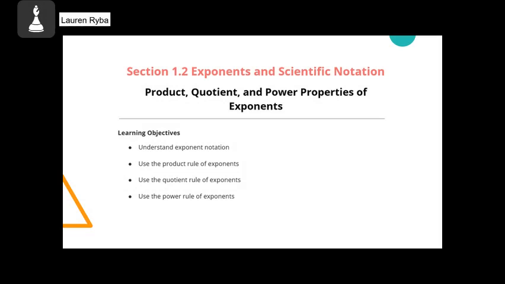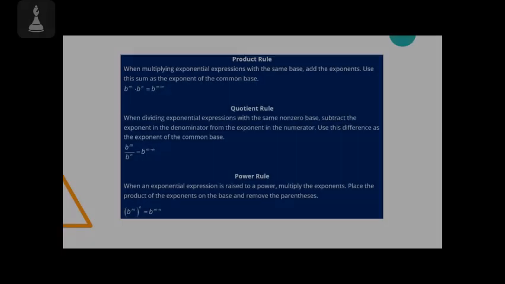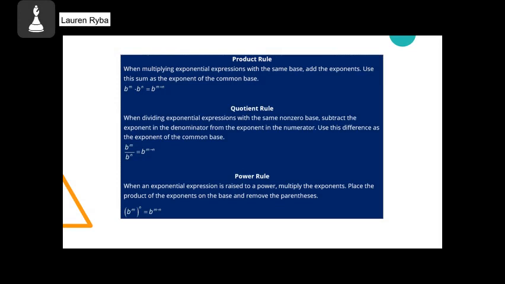The next portion of this lesson is going to be talking about exponents, the product, quotient, and power rules of exponents. So remembering what exponents mean, if we have, let's say, 3 to the third power, that means we're going to take 3 times itself 3 times. 3 times 3 times 3.